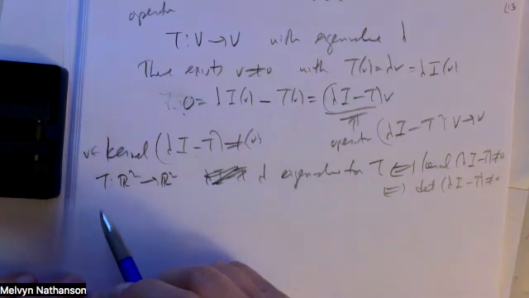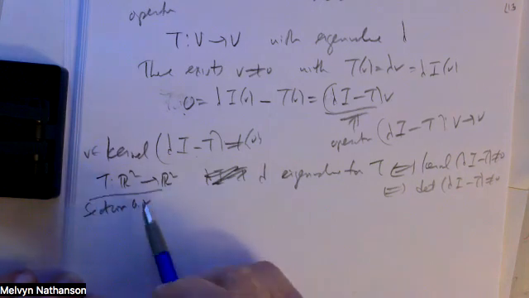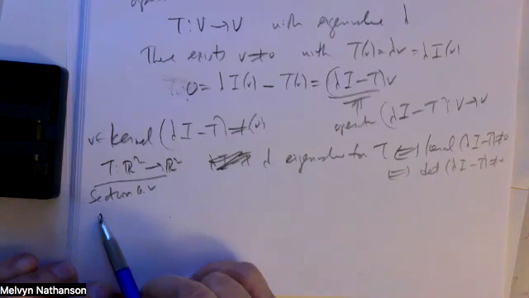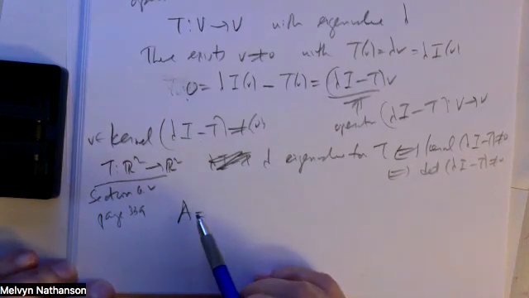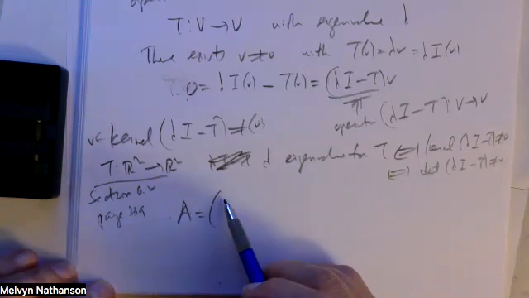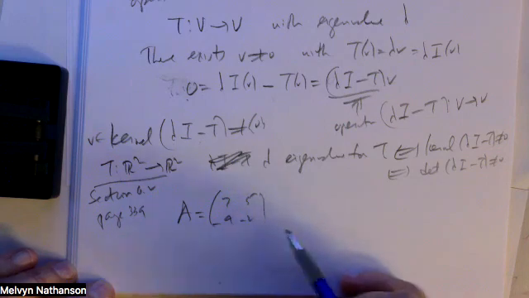So this is in section 6.2, page 339. I'm looking at the matrix A equal to 7, 5, minus 4, minus 2.